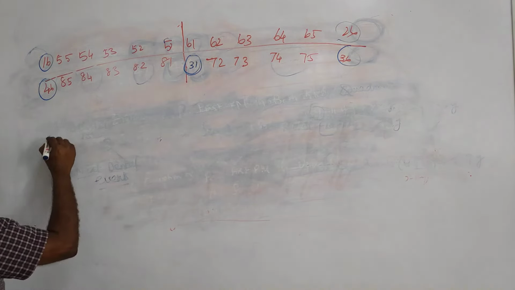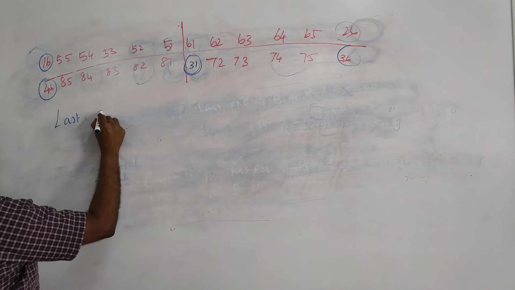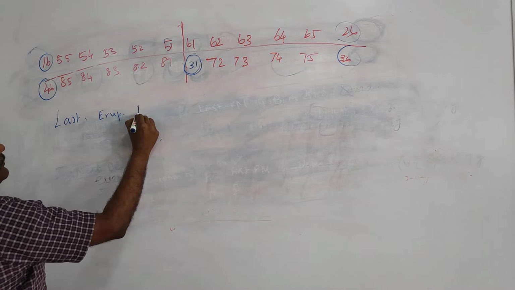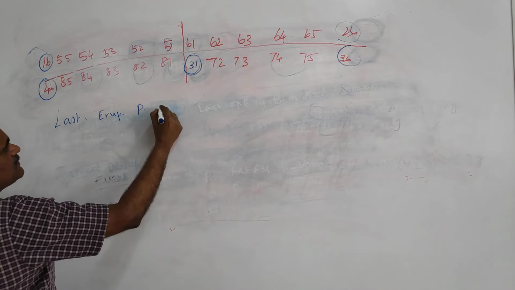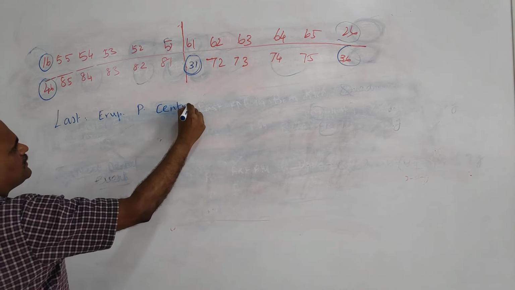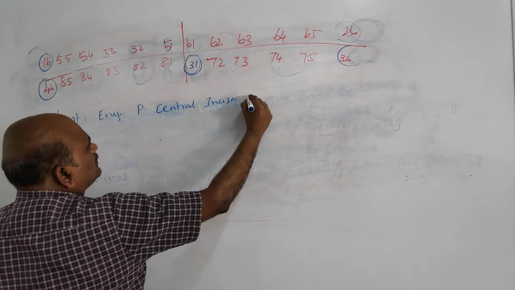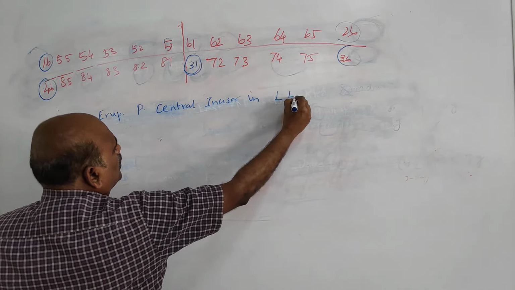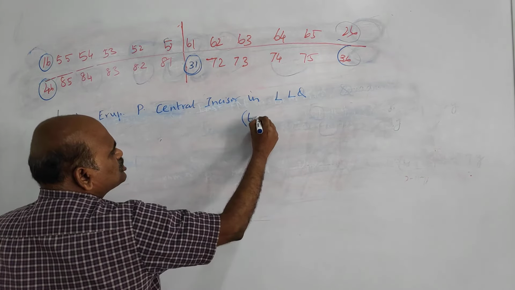So what is the last dental event? Eruption of permanent central incisor, in which quadrant? In the left lower quadrant. What is the normal age of eruption of central incisor? 6 to 8 years.